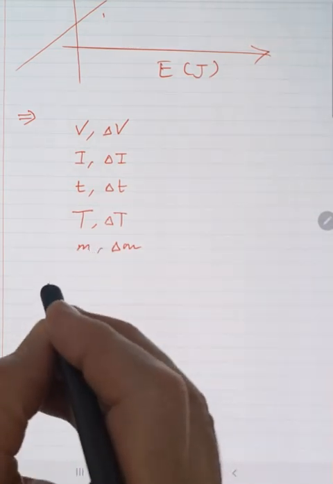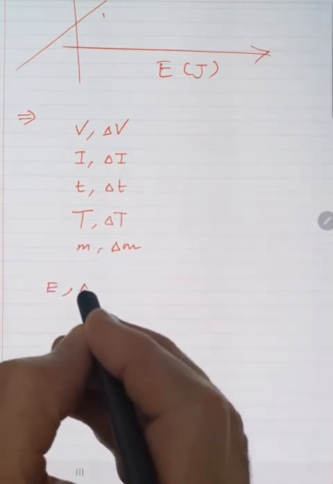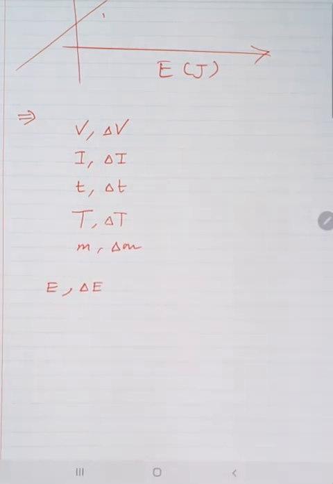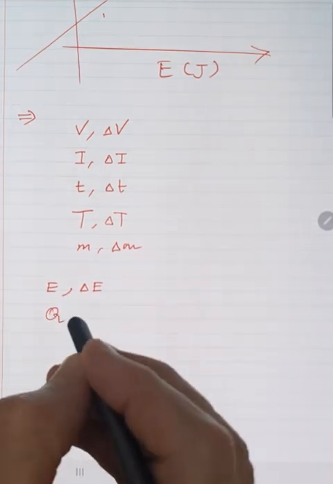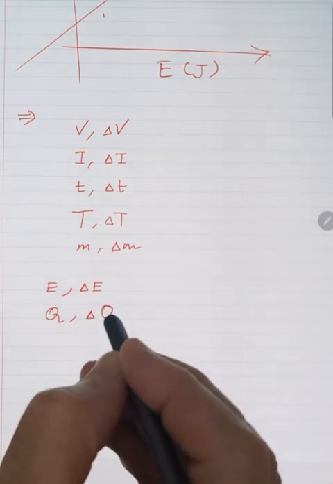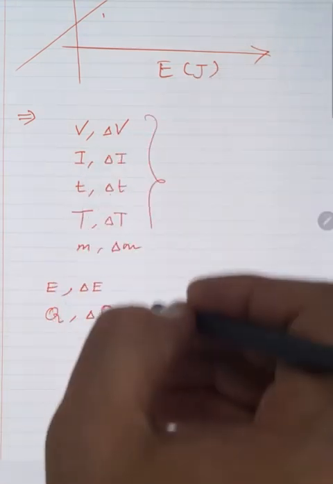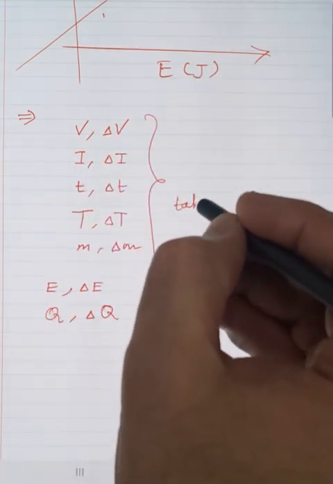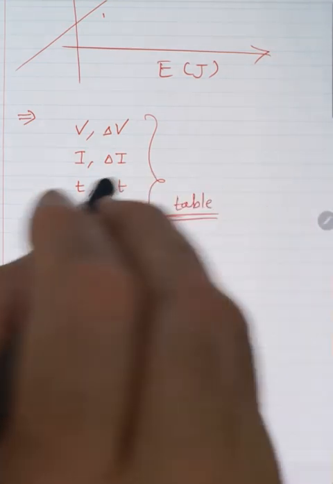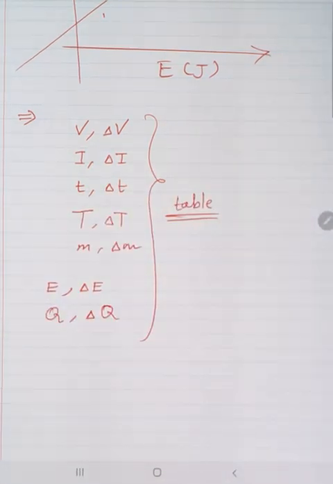Also, when you calculate E, you need to find the error of E, and when you calculate Q, you need to find the error of Q. All of that goes in the table. If you don't put the errors in the table, you will lose the whole mark of the table. The table has to be filled with all the errors.